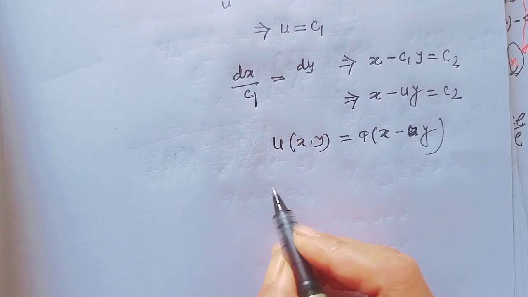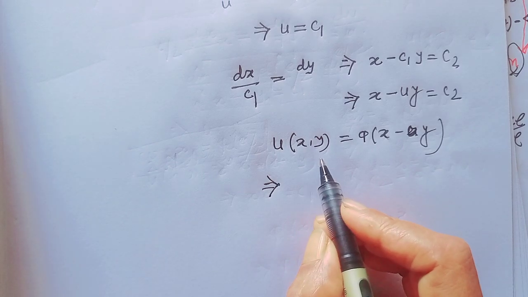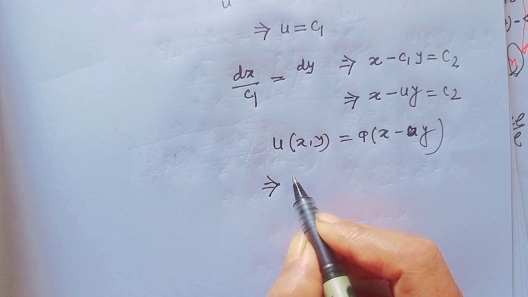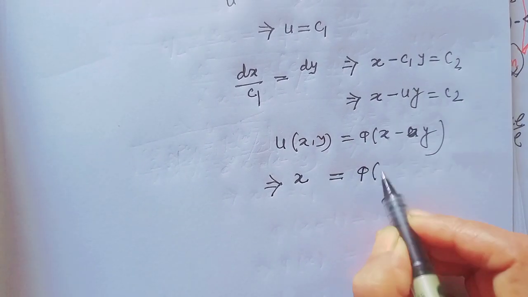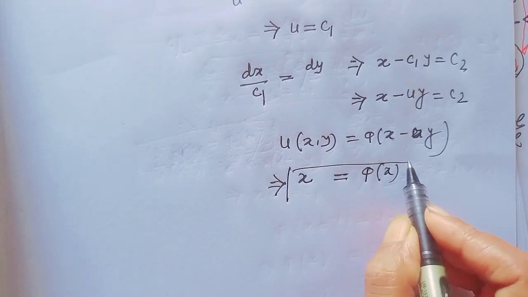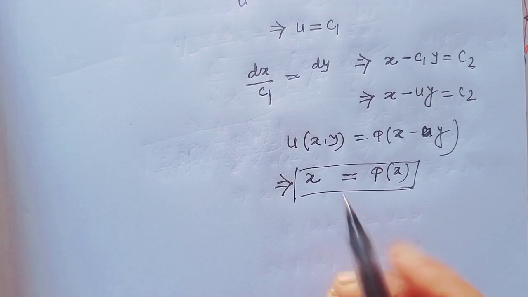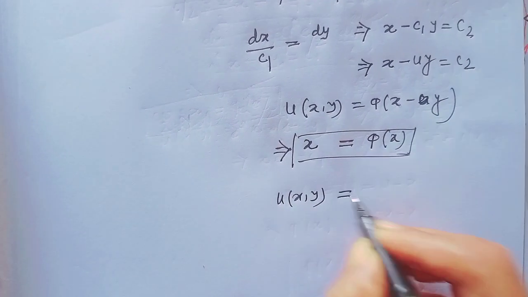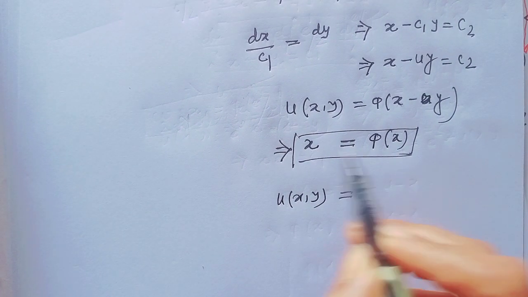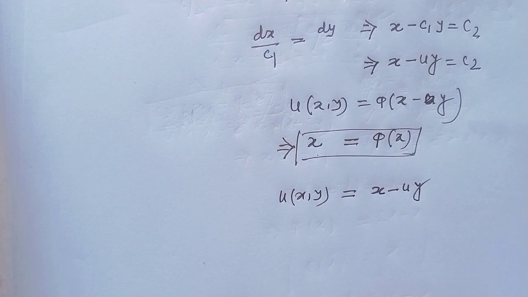Put y equal to 0, u(x,0) equal to x, that means the value of u equal to x, and here phi of x equal to x. Since phi of x equal to x, therefore u(x,y) equal to x minus u y.